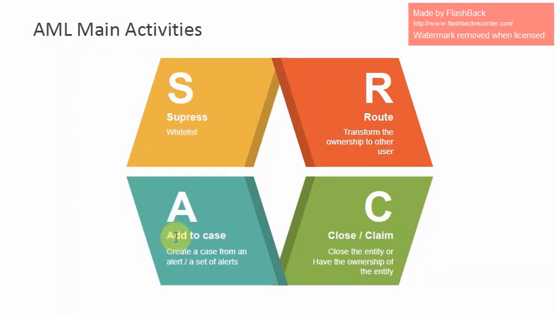We can close after we did all our investigations and we found either there was a false positive, or we created a case and a report and we need to close. And we can claim: if I find an entity with no owner, I can claim its ownership, I can bring it to my ownership as a compliance officer or a compliance manager or a member in the compliance team.